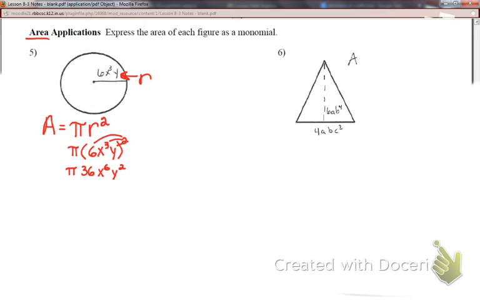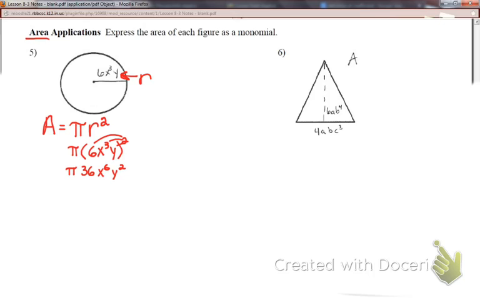The only other thing to do, well, two things to do, is you don't really want to start with pi. You kind of treat pi almost like a variable. You don't want to multiply and say, oh, well, pi is 3.14, so I'll just take 3.14 times 36. Don't do that unless the problem wants you to come up with an actual whole number answer or decimal answer. It doesn't want us to do that here.